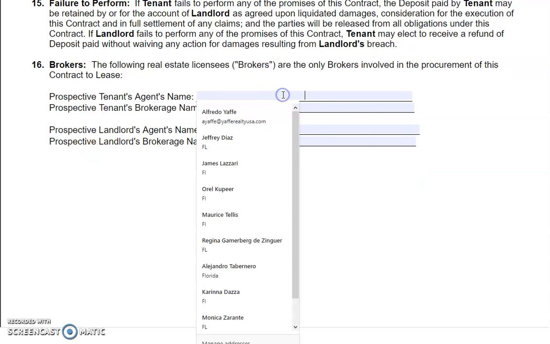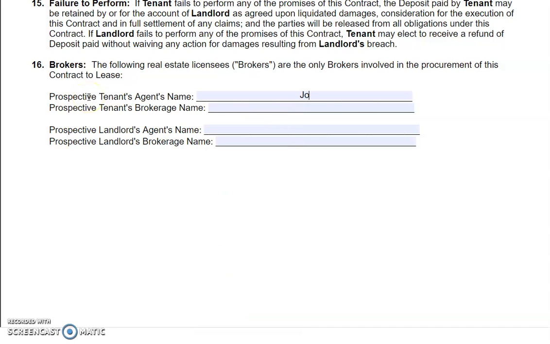Here goes the name of the agents that are representing the tenant. I think that's important.